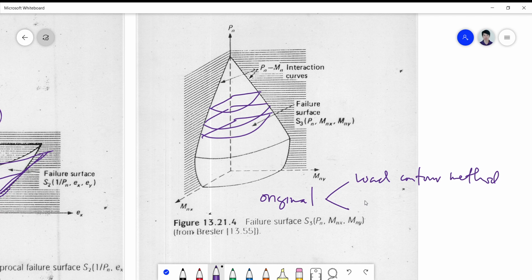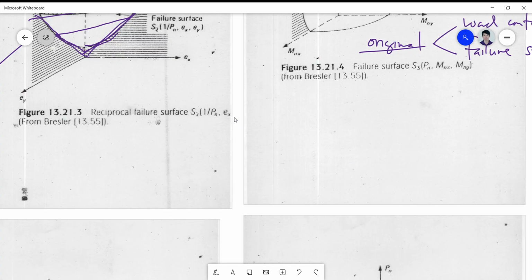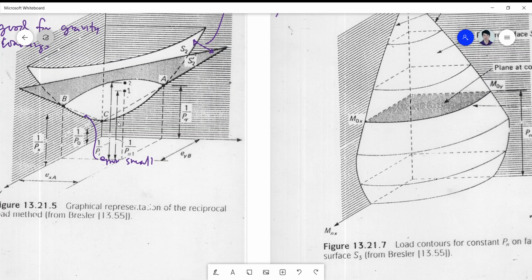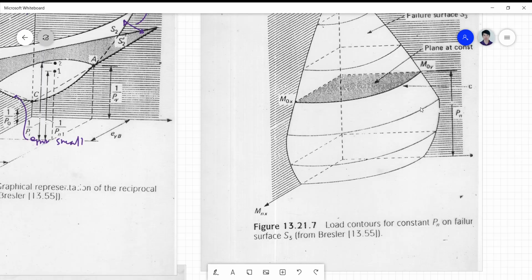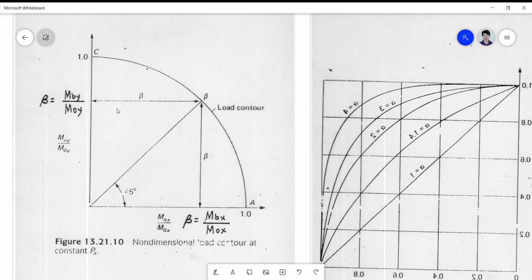And also the basis for your failure surface, the original failure surface that we are talking about, Pn, Mn, Mnx, Mny. Okay, so this is the thing that I'm telling you about. This is the contour. This is the ratio of your point B. This is point B, not beta.